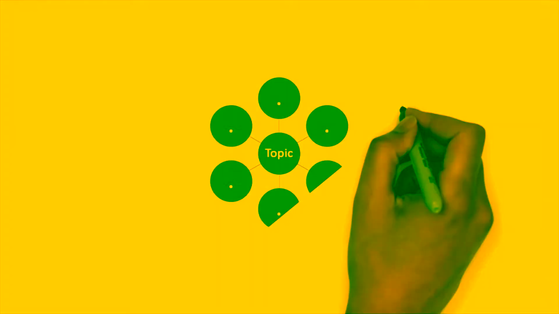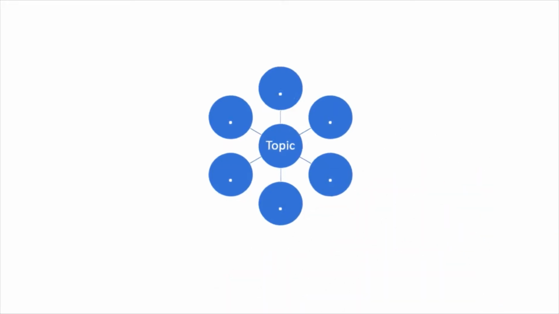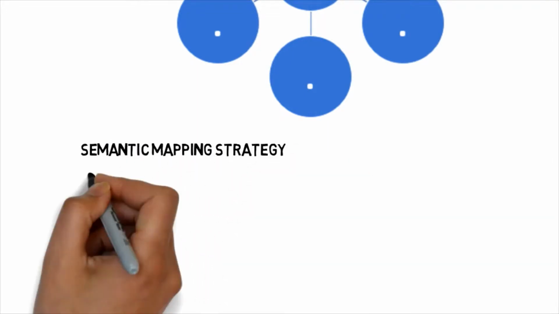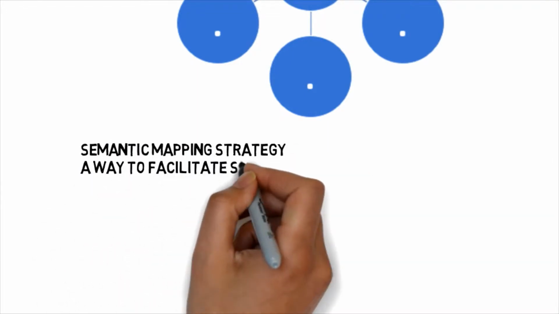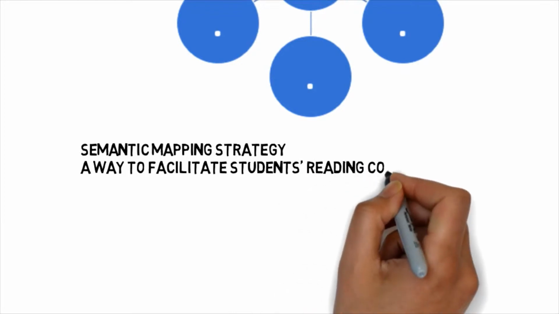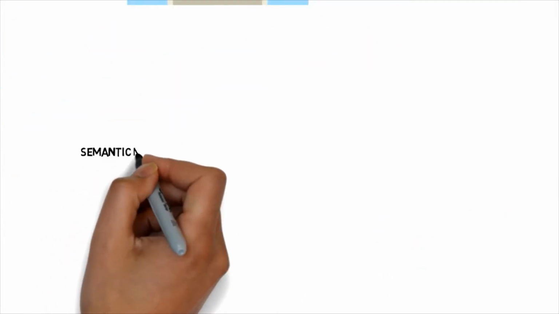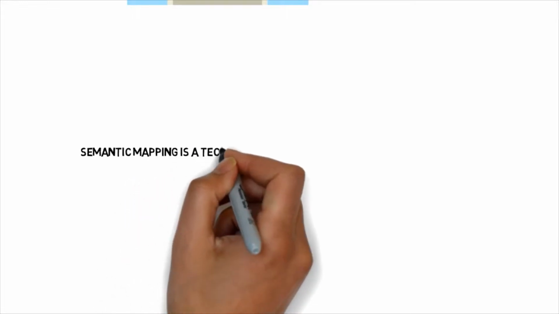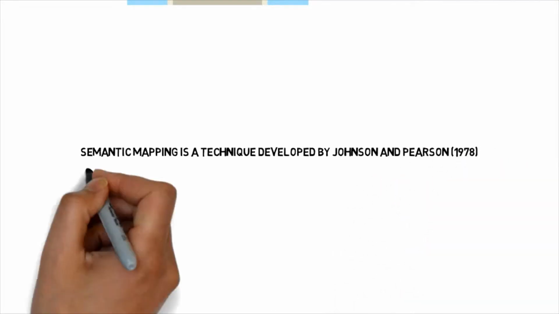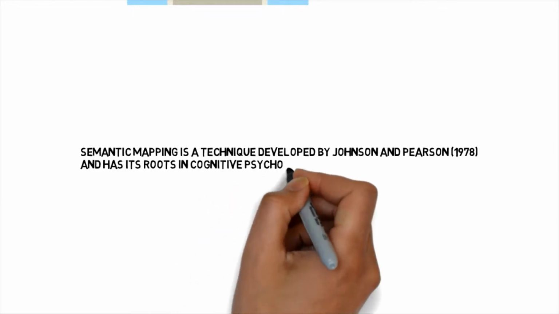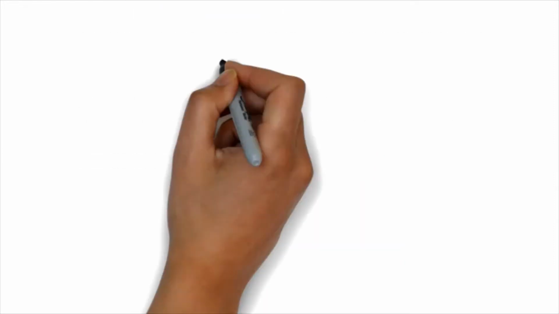As for those problems, there is a technique that can be a way to facilitate students' reading comprehension, called semantic mapping strategy. Semantic mapping strategy is a technique developed by Johnson and Pearson in 1978 and had its roots in cognitive psychology.